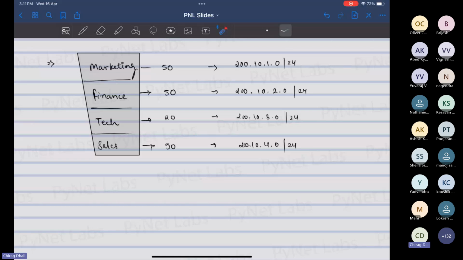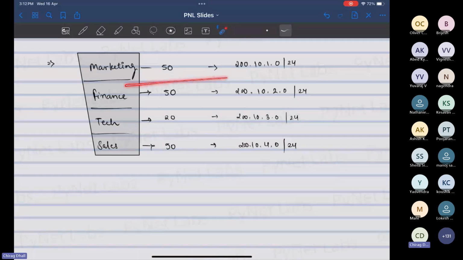It offers me in total 256 addresses, right? It's a class C network, has 24 bits in the network part, so 8 bits in the host part, and 2 raised to the power 8 gives me 256 addresses. Out of 256, I am just using around 50 addresses. So there is a clear wastage of approximately 200 IPs, correct?